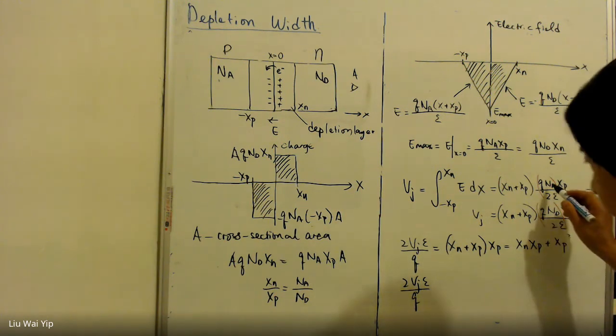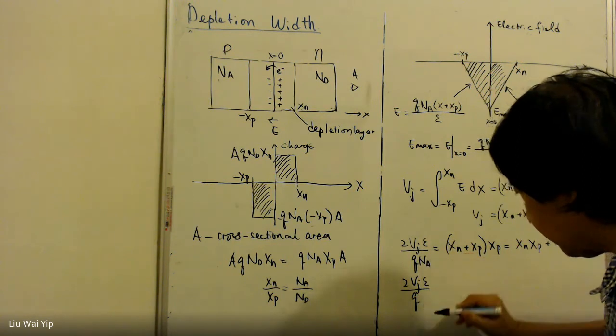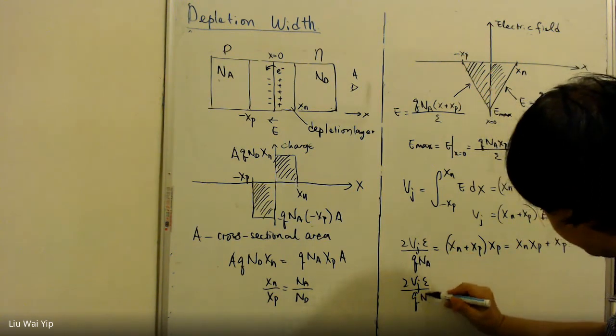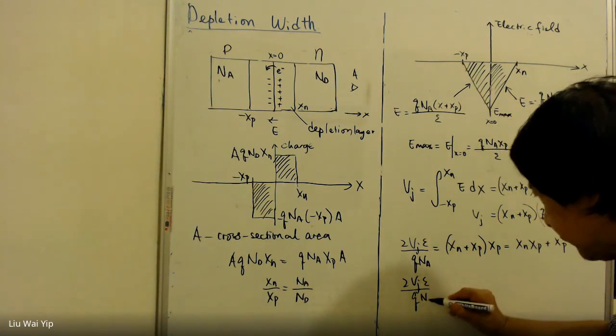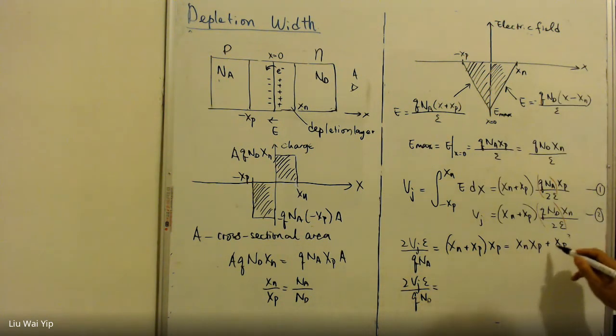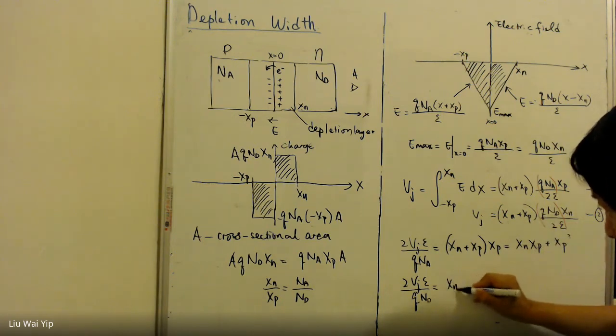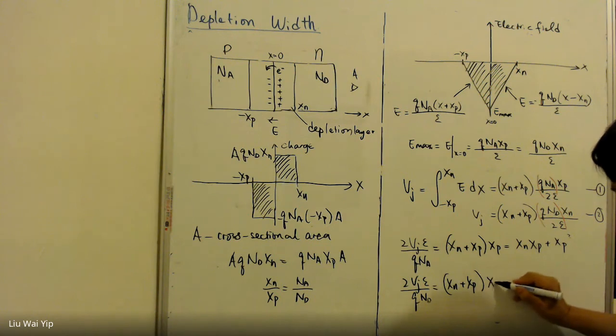Maybe I left out something. And A, and this is N D. And let's continue, yeah? So xn plus xp times xn.